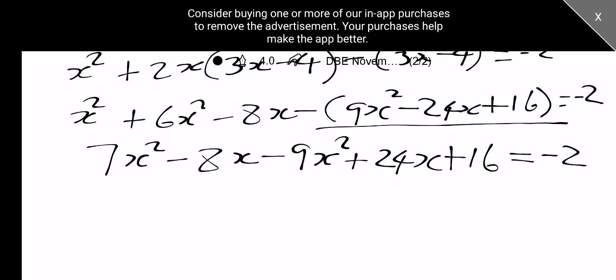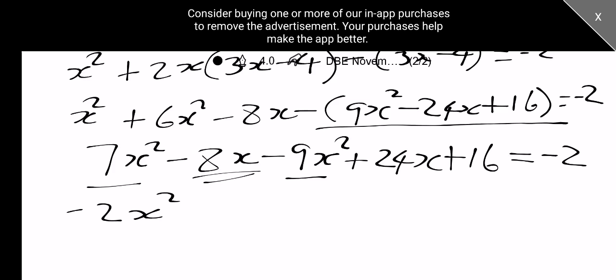So let us simplify. Let us look for like terms. 7x squared minus 9x squared is going to be negative 2x squared.